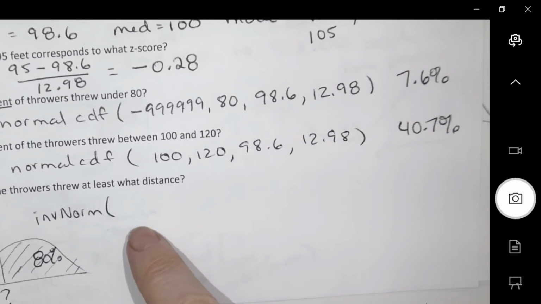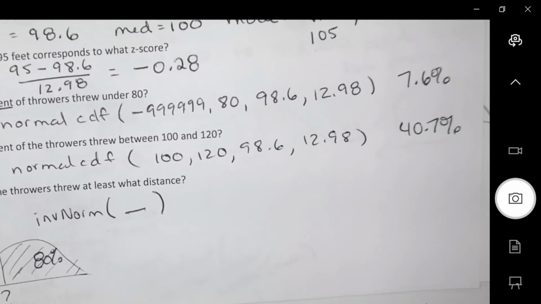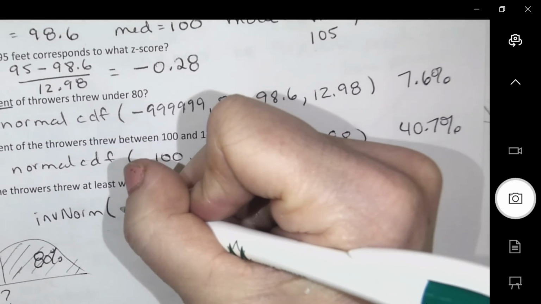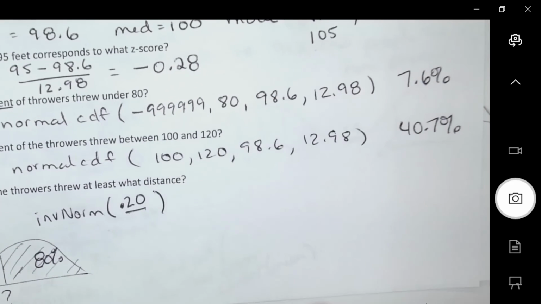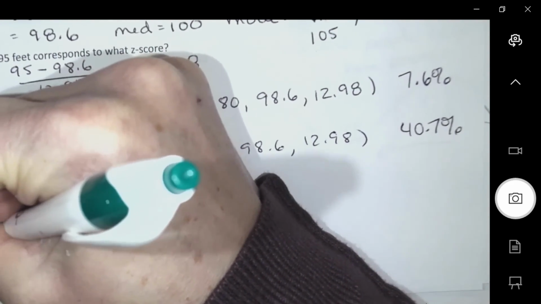So what am I actually typing in right here? It's not 80, it's not 0.8. It's, did you pick 0.20? Because that's under you. That's the part under. You always got to go with the below.